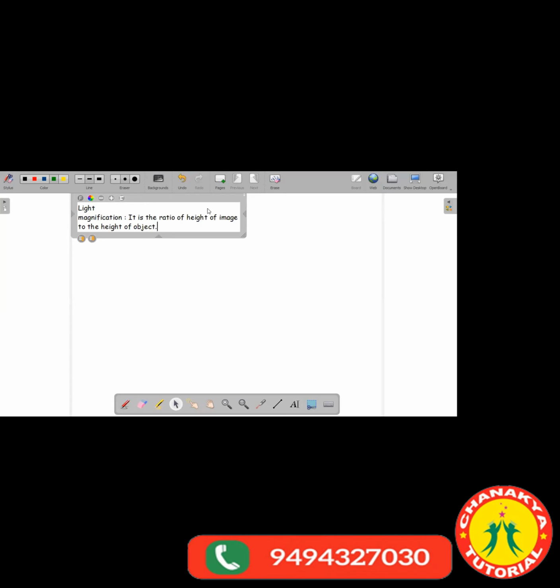Now see its formula. From the definition we can say that magnification will be given by m equals height of image over height of object, hi over ho. Now considering a little bit of sign conventions, let this be our principal axis.